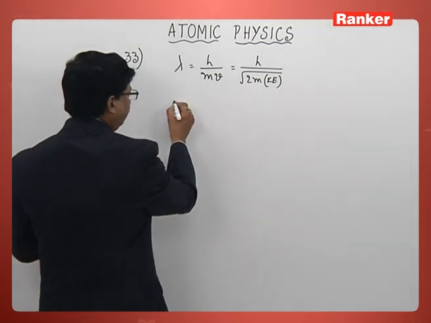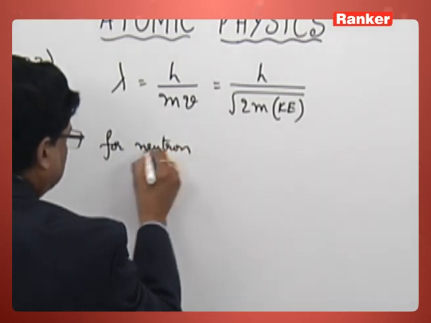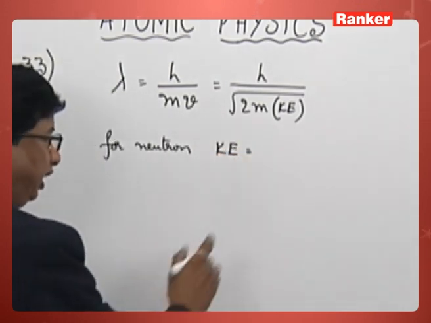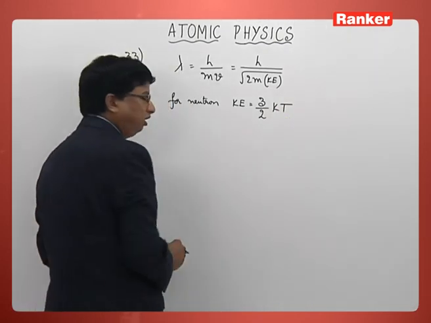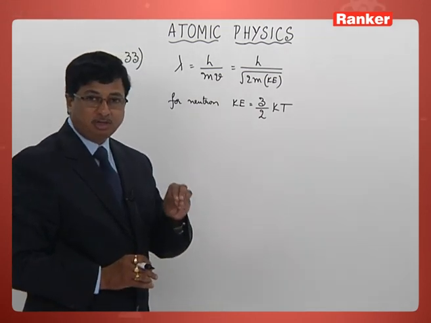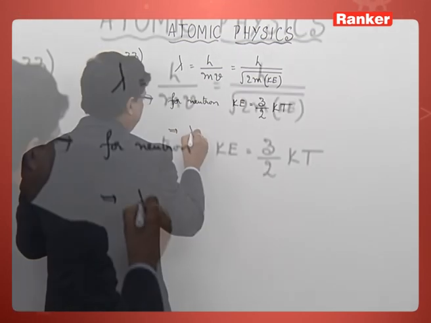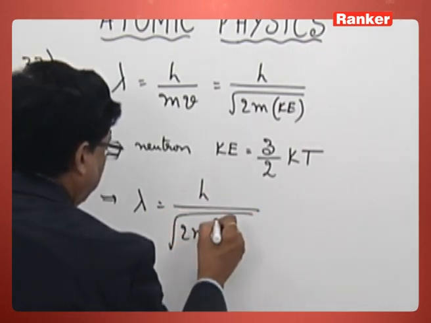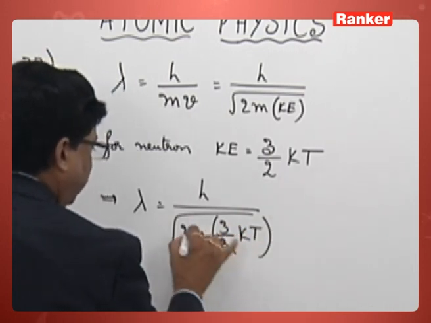You all understand that for a neutron, kinetic energy in terms of the value of k is 3 by 2 kT, k being the Boltzmann constant, T being the absolute temperature of that particular particle. So substituting that over there, lambda will be h by under root 2m into 3 by 2 kT. 2 gets cancelled.